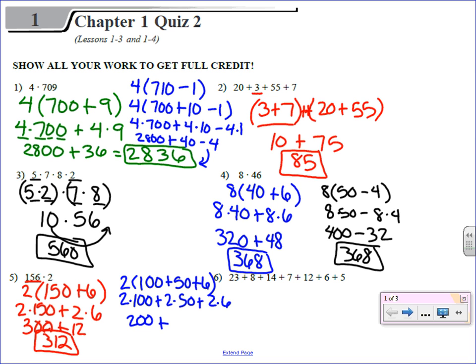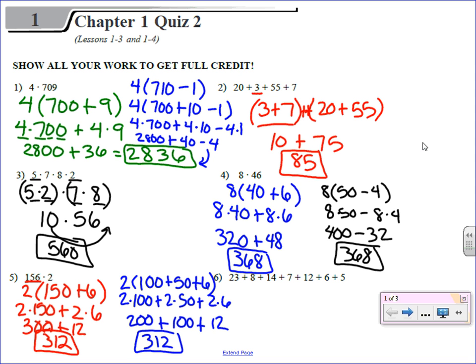Plus 2 times 50 is 100. Plus 2 times 6 is 12. 200 plus 100 is 300, plus 12 is 312. Again, multiple ways to get the same answer. Whichever way works best with your brain, stick with that.